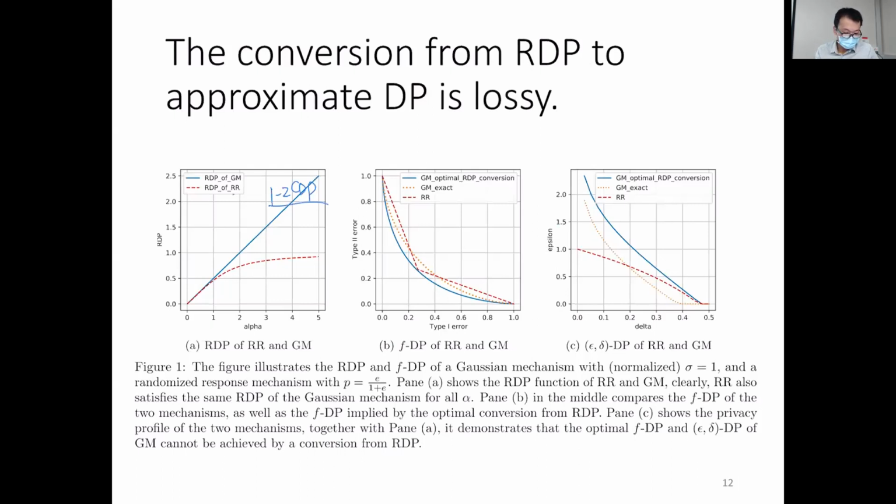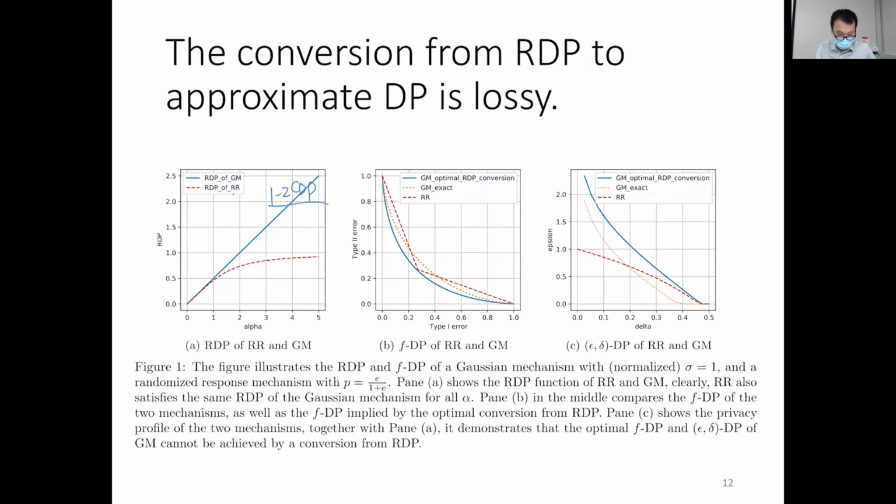So what we can see is that the epsilon-delta DP from the Gaussian mechanism actually intersects with the epsilon-delta DP of the randomized response. Let's look at the third figure.